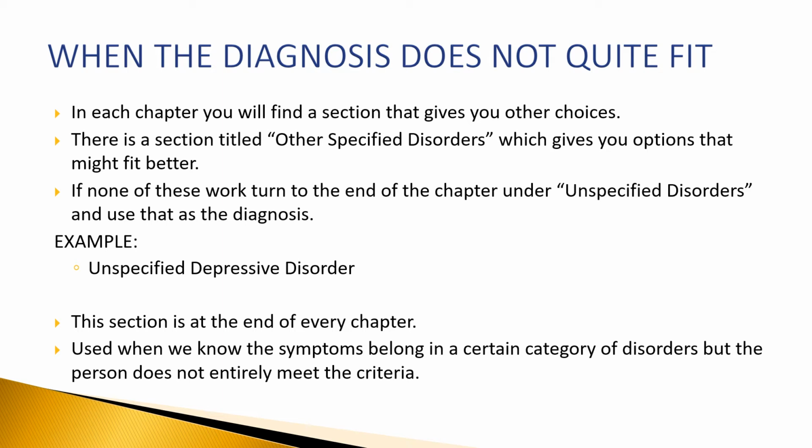So, for example, we know the person appears to be depressed, and the person meets some of the criteria but not all of it, so we would have unspecified depressive disorder. This section is at the end of every chapter, and it's used when we know the symptoms belong in a certain category of disorders, but the person does not entirely meet all of the criteria.